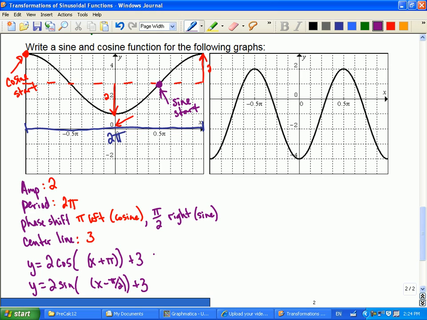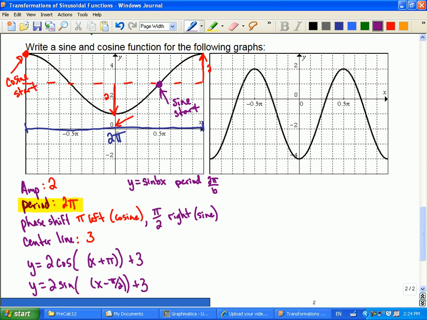Now the only thing that's not appearing in my equation yet is the period. We didn't say how we were going to account for the period. And it's the horizontal stretch factor that messes around with it. So what we said was if you have like y equals the sine of bx, then the period would be 2 pi over b, right?